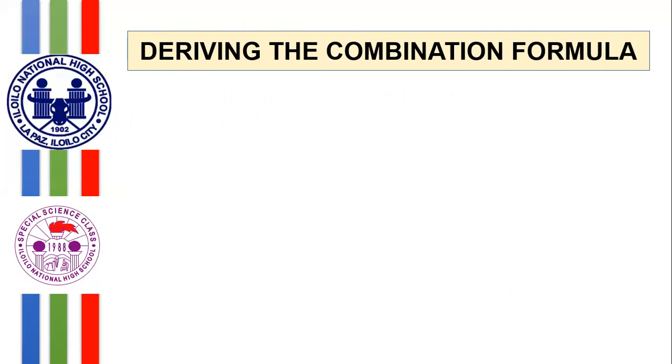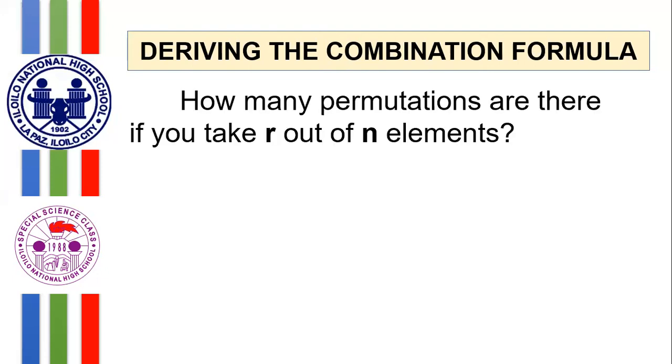Because honestly, if we list everything, it might be very challenging on your part, most especially if the total number of elements is a big number. Hence, we could now derive the formula for such purpose.